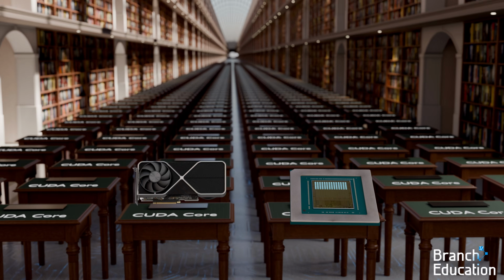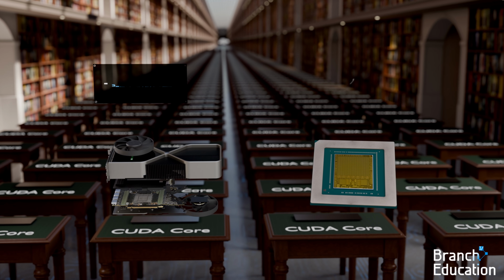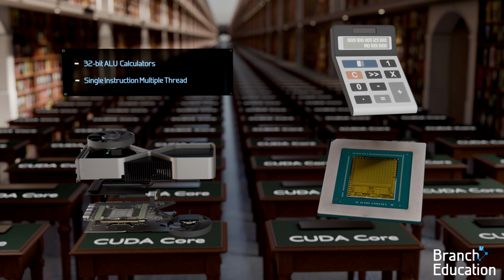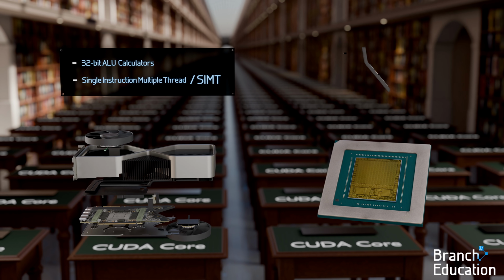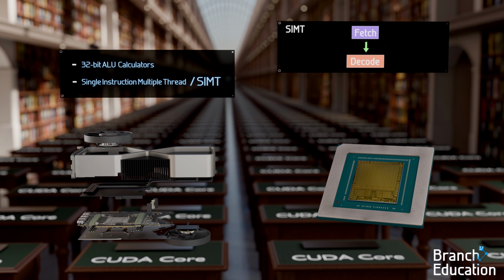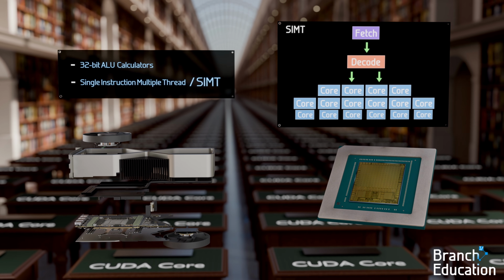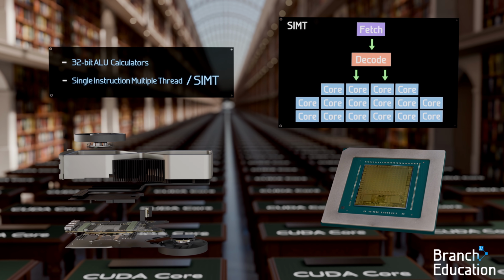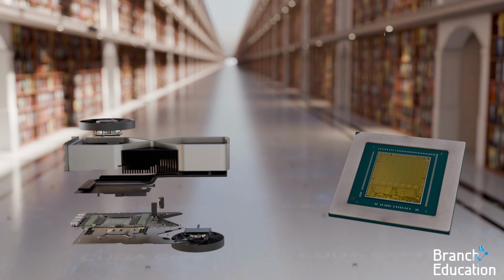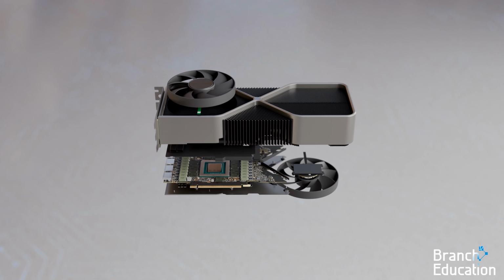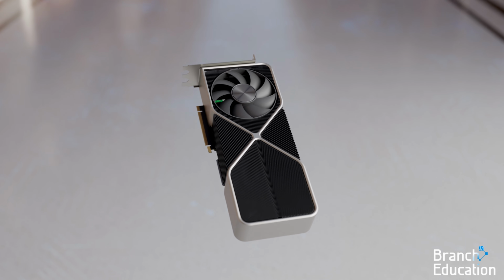The difference is that GPUs typically use 32-bit ALU calculators and perform single-instruction multiple-thread or SIMT calculations where a single instruction is fetched, decoded, and then distributed to a batch of cores. And then those cores execute that instruction using different addresses and data. However, there are many more nuances to SIMT in GPU architecture, so let's wrap up this video on how CPUs work.